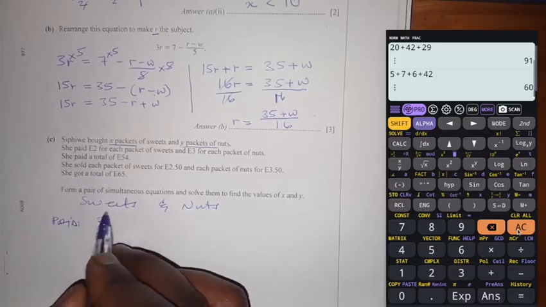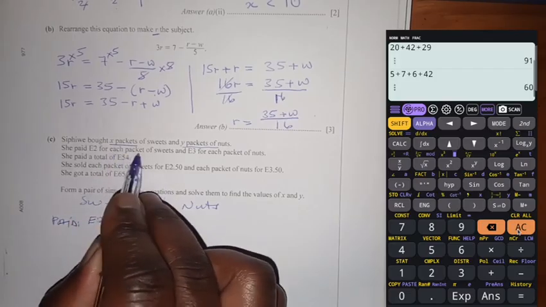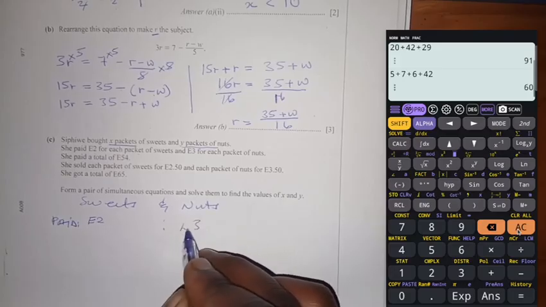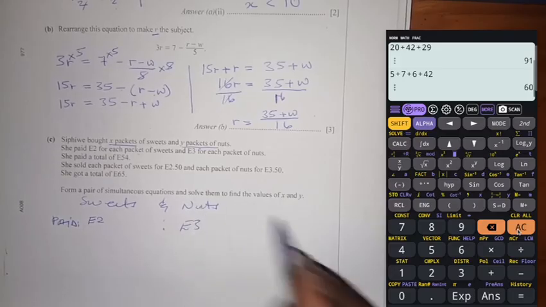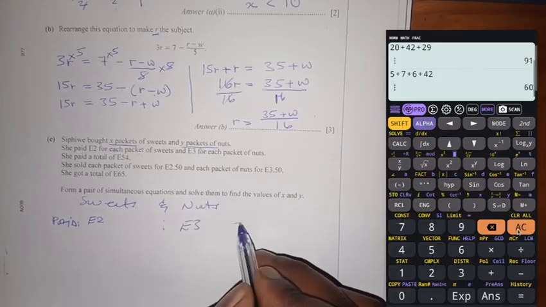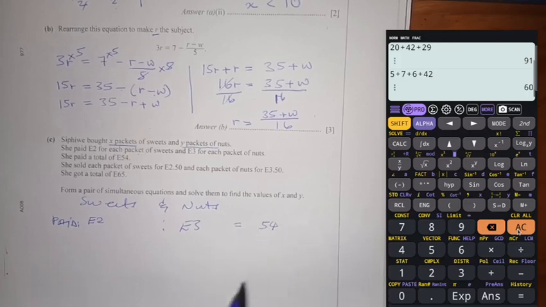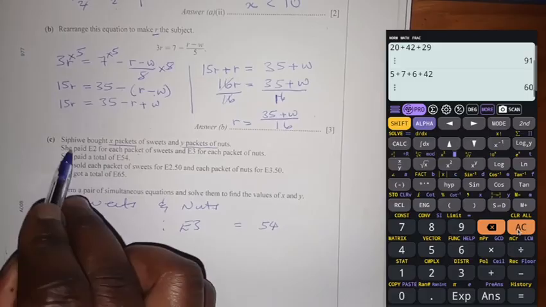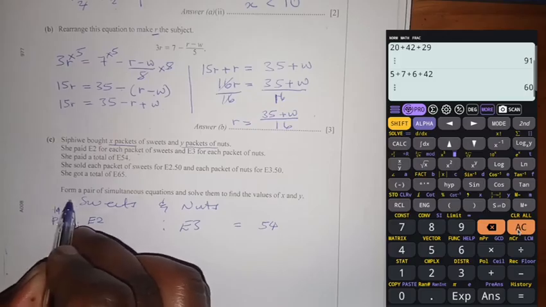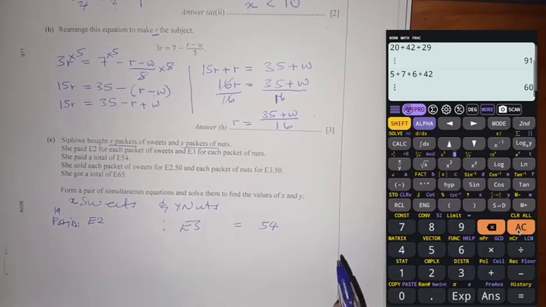She paid 2 emalangeni for each packet of sweets, and then 3 emalangeni for each packet of nuts. Now she paid a total of 54. Now it seems like there's something we missed here. She bought x packets of sweets and y packets of nuts.